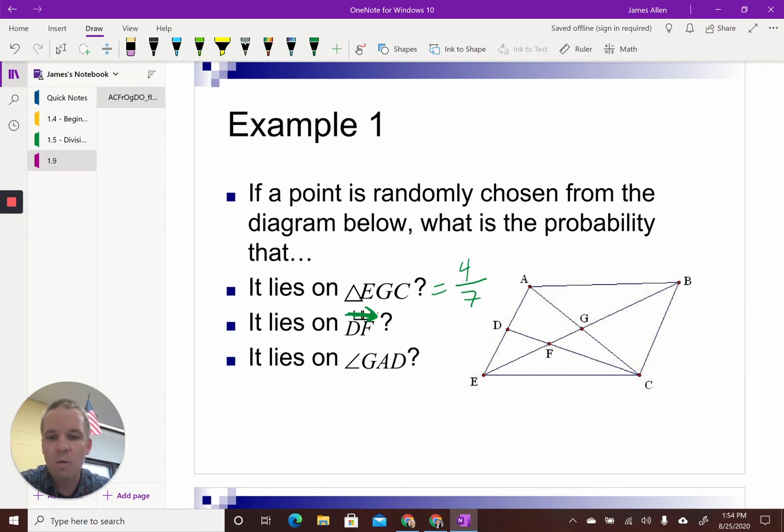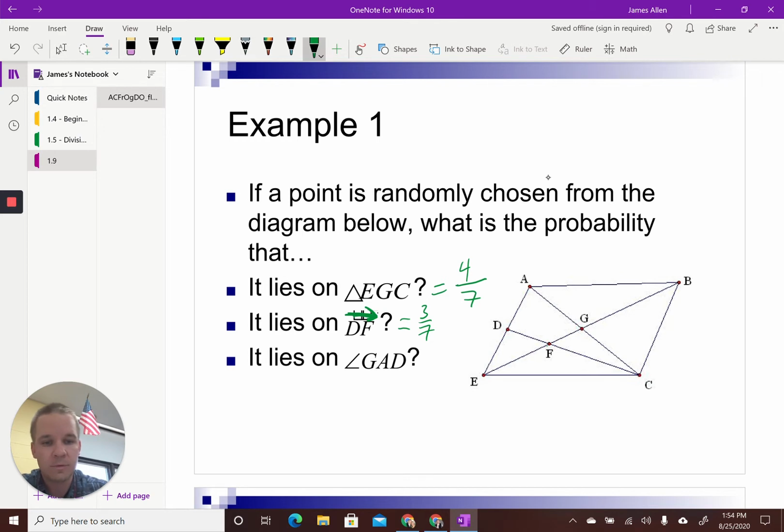Okay, what's the probability that it lies on DF? Well, if I start at D and go in the direction of F, it continues on through C, so I end up with 3 total points out of 7 on that one. And then lastly, it lies on angle GAD.